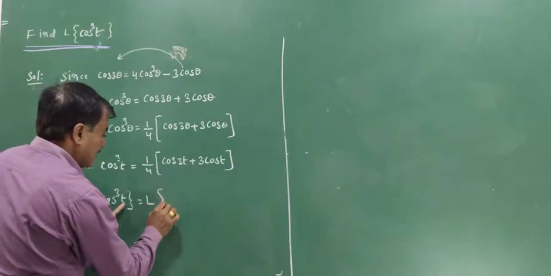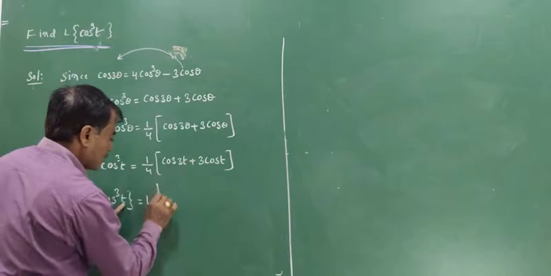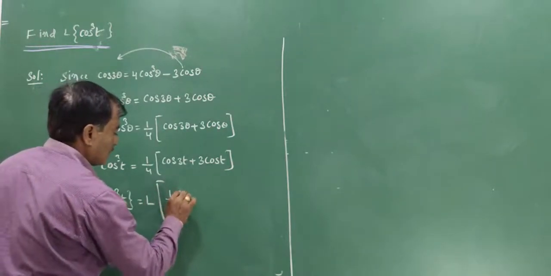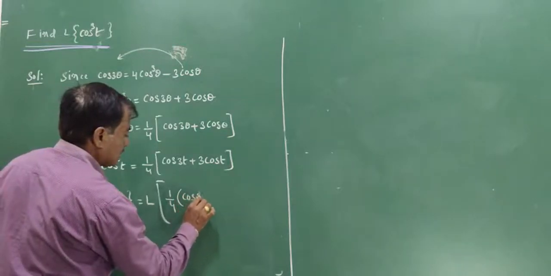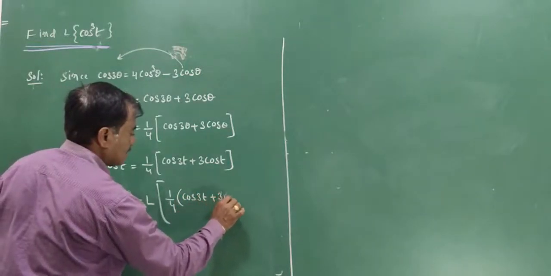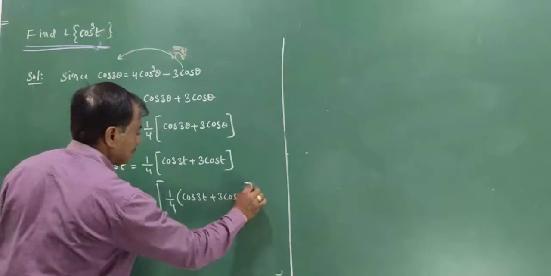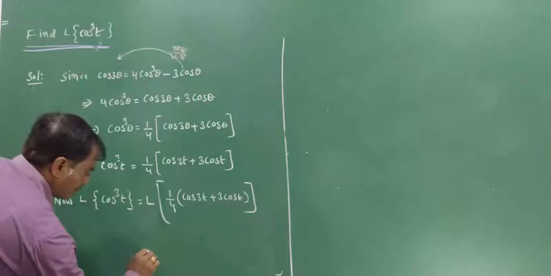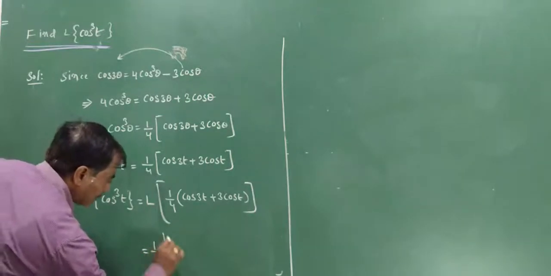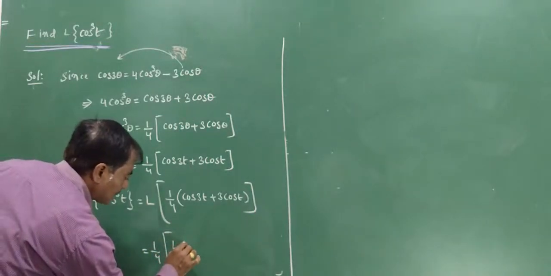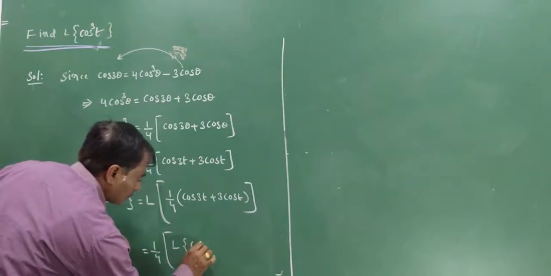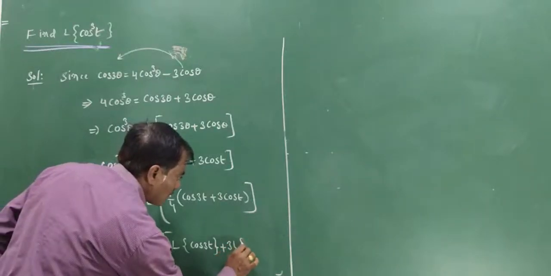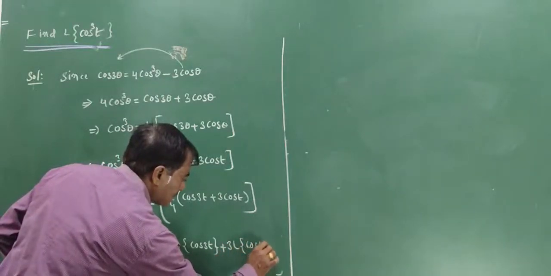So we get the Laplace transform of 1 by 4 of (cos 3t plus 3 cos t). 1 by 4 is a constant, we shift it outside the operator. So therefore the Laplace transform of cos 3t plus 3 into the Laplace transform of cos t.